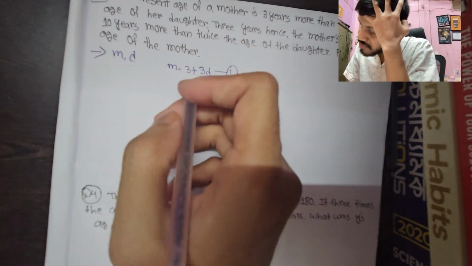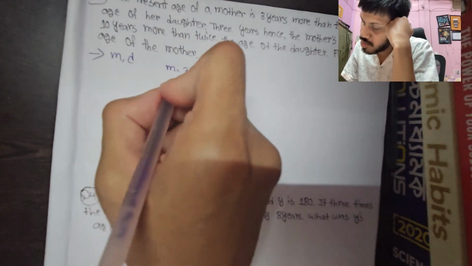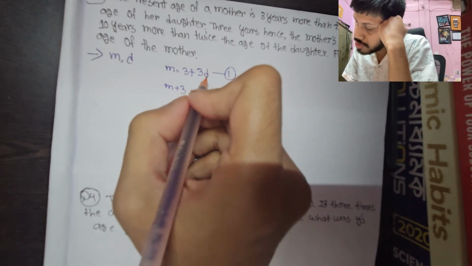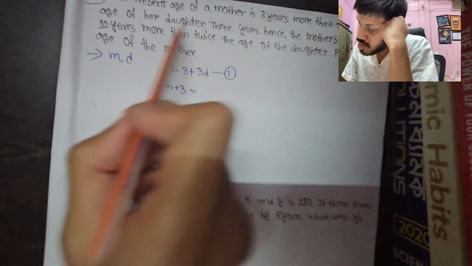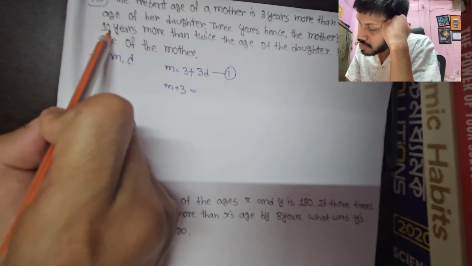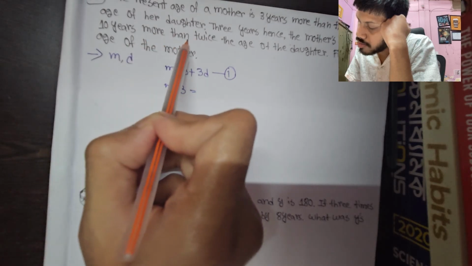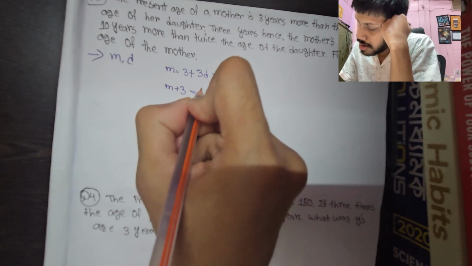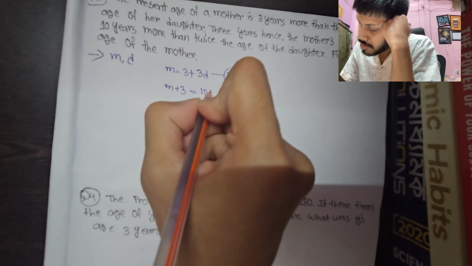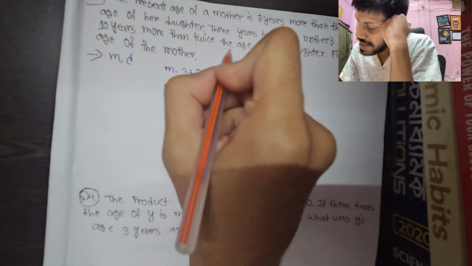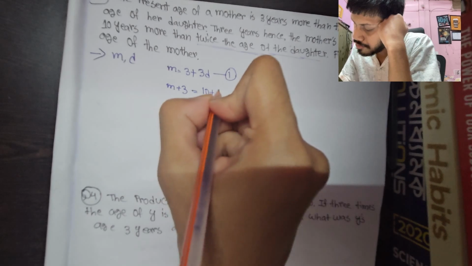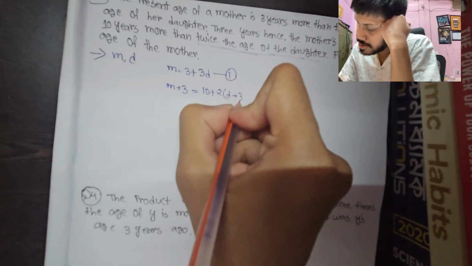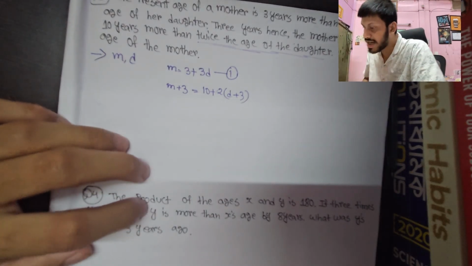Let's first write what we understand. 3 years since, the mother's age means M plus 3 equals 10 years more than twice the age of the daughter, 10 plus 2 into (D plus 3). I hope it's not getting complicated.